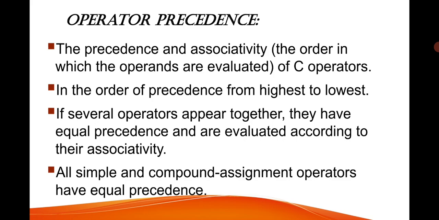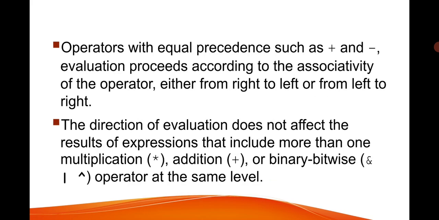All simple and compound assignment operators have equal precedence. Operators with equal precedence, such as plus and minus, are evaluated according to the associativity of the operator, either from right to left or from left to right.